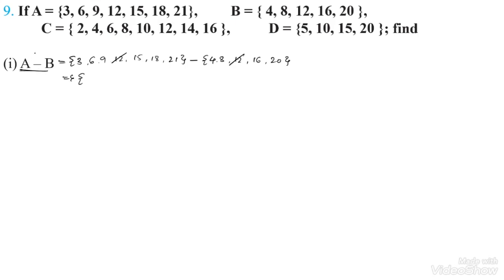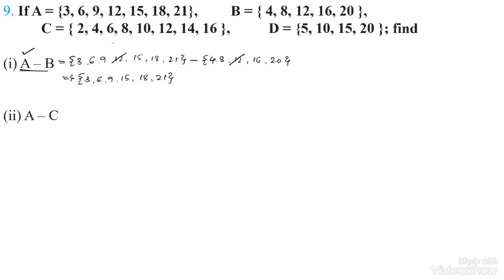A minus B means writing the elements of A after neglecting the common elements. That is 3, 6, 9, 15, 18, 21. This is A minus B, or else A difference B.